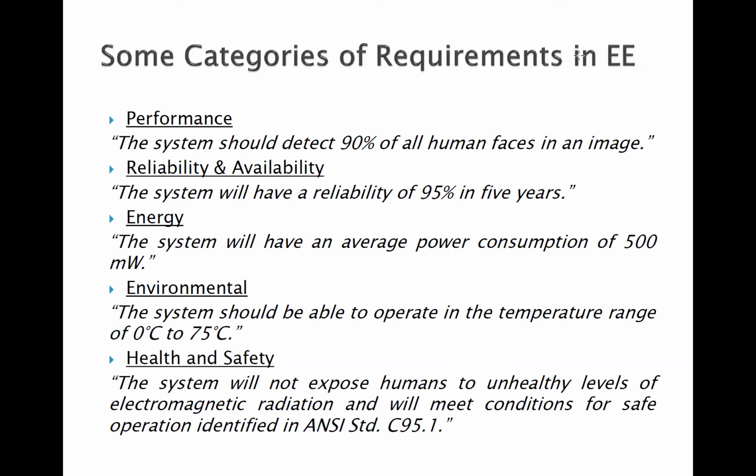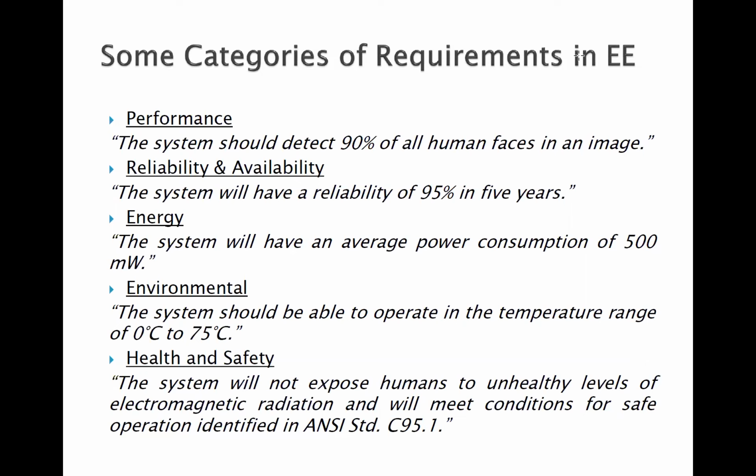Performance is one category. There should be an engineering requirement regarding the performance of your design. Here you can see an example. The system should detect 90% of all human faces in an image. That could be a performance requirement. Reliability and availability: the system will have a reliability of 95% in 5 years.